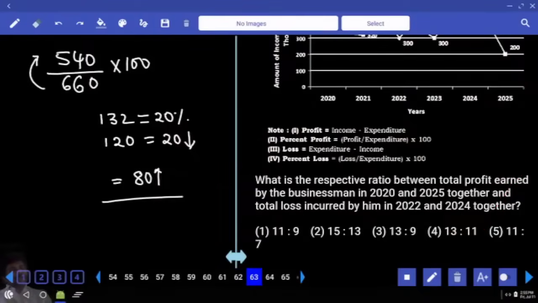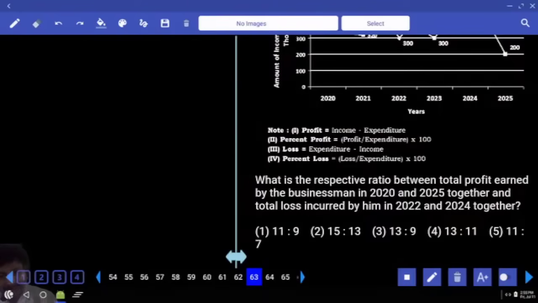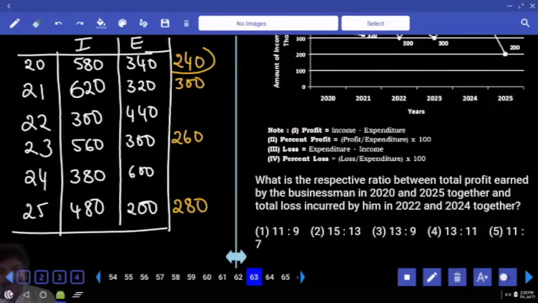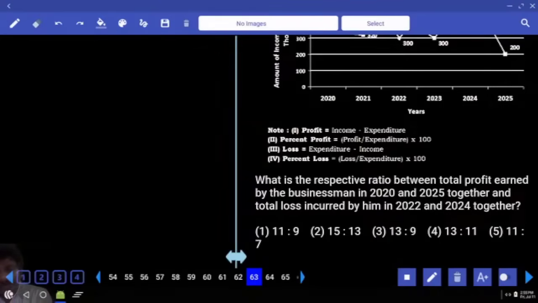What is the ratio between the total profit earned by the businessman in 2020 and 2025, and the loss incurred in 2022 and 2024? In 2020, we already know 240. In 2025 we know 280. Both together 520.